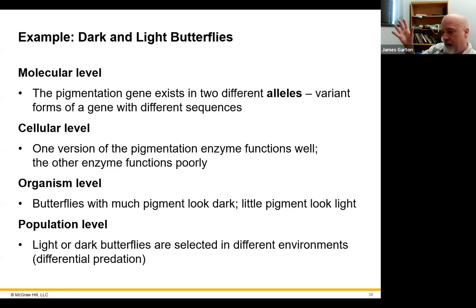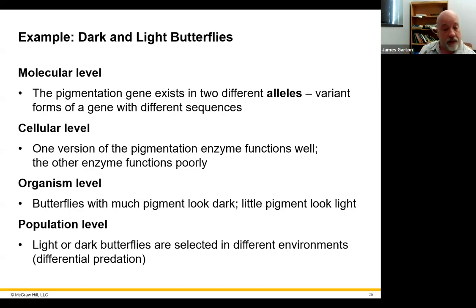And you can go ahead and say, at this gene that encodes body color of a butterfly, there are two alleles. And one makes a pigment that is dark, and one makes a pigment that is light. And if the butterflies express a lot of this dark allele, they're dark. And if they don't, well, they're lighter.